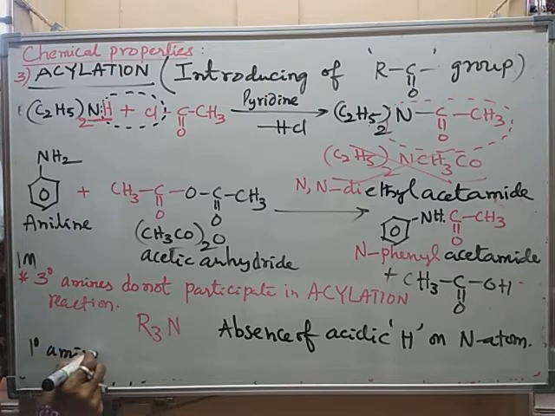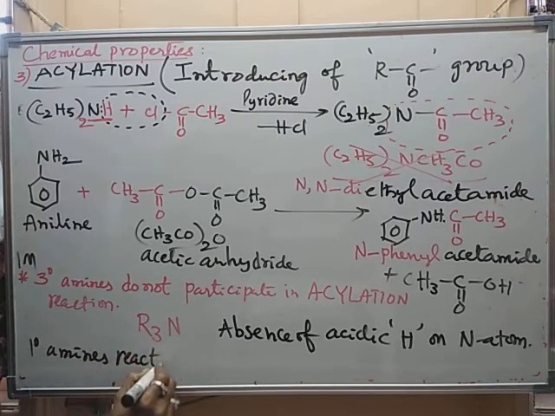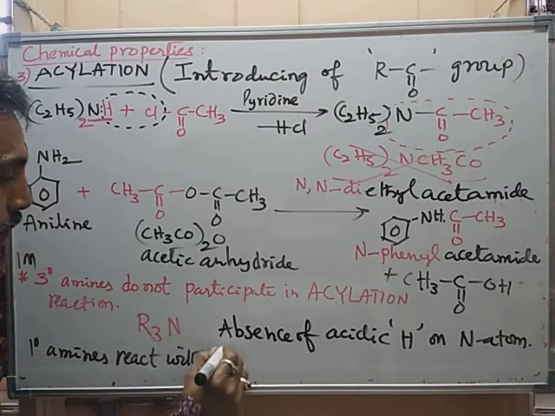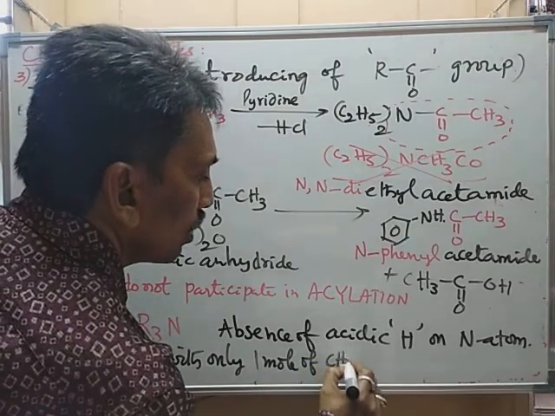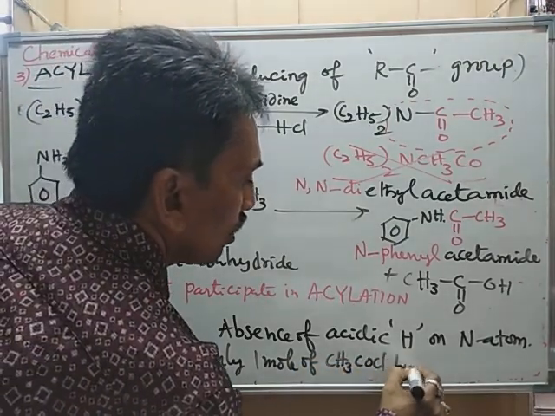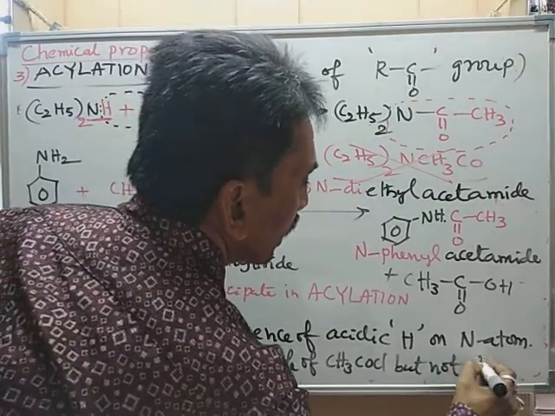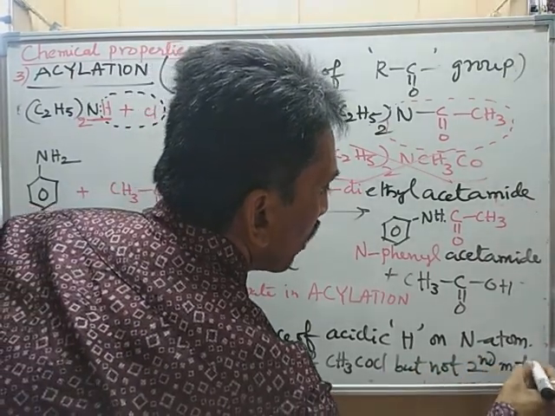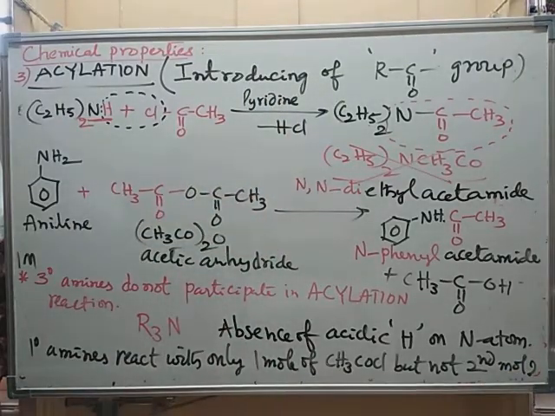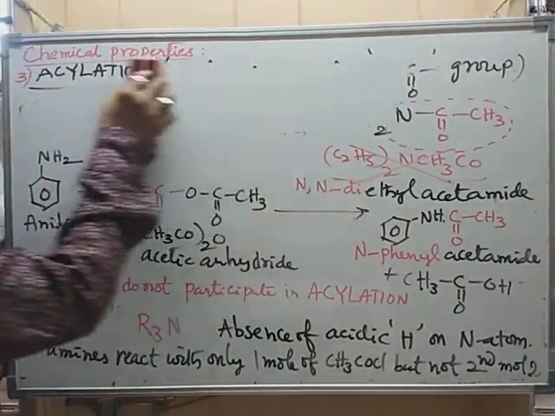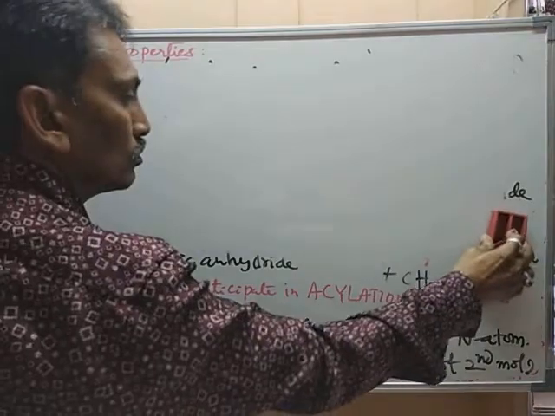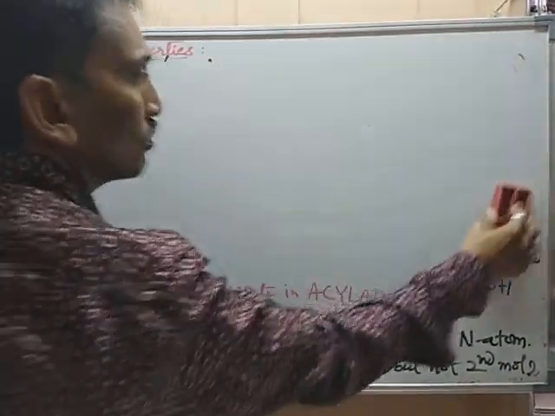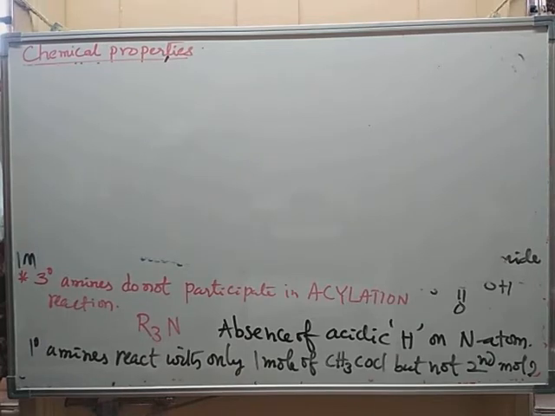Primary amines react with only 1 mole of acetyl chloride, but not a second mole. Why? Note it in the same place. What is the reason, dear students?